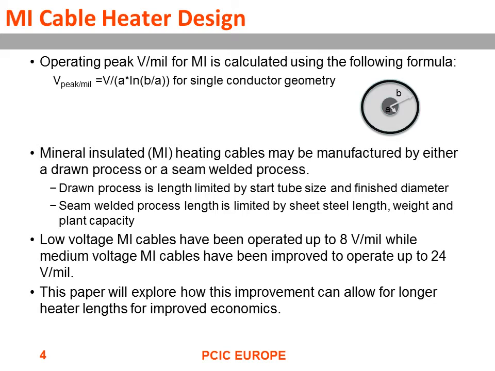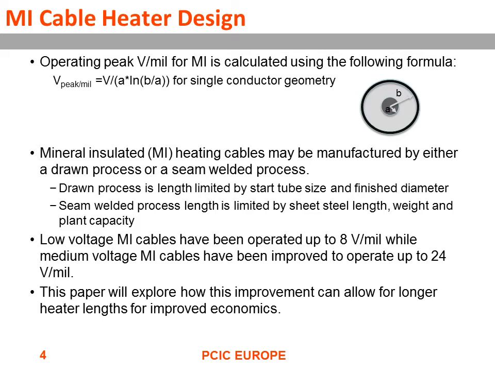And if you go from 2 to 1 inches, you get 4 times the length. But if you have a 50-foot start tube and you get 4 times the length, you're only up to 200 feet, so you have to put splices in. And that's one of the killers in this, is making a number of splices to make a very long cable. So the drawn process has a limitation intrinsically of what the start size is and what the final diameter is.